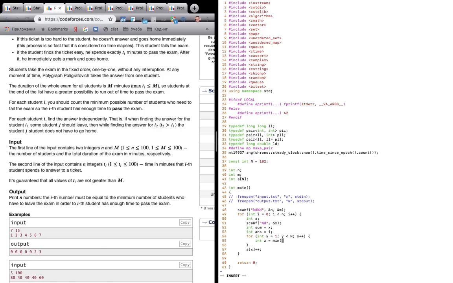We cannot take more than, let's say the sum is how much time is left, left divided by y, and also we cannot take more than the number of students with time y minus z, and we have less time left by how much? By y times z.